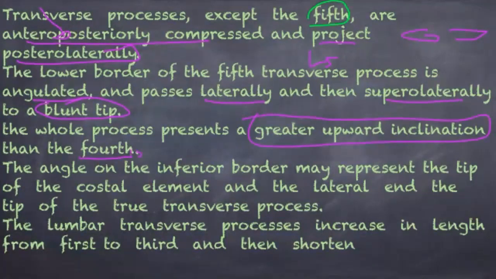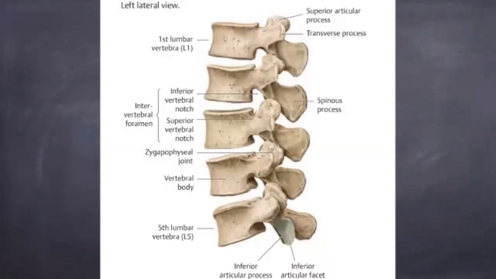The angle of the inferior border may represent the tip of the costal element and the lateral end of the true transverse process. The lumbar transverse processes increase in length from L1 to L3, and then shorten. You see, this is L1, 2, 3, 4, 5. The L5 body is very massive. These are the transverse processes, right?